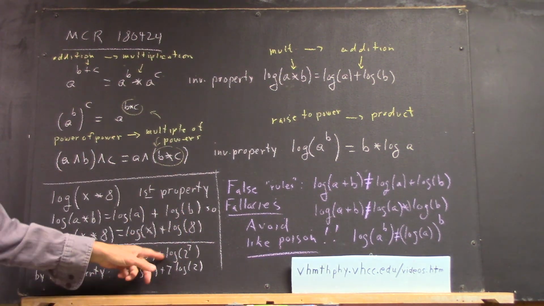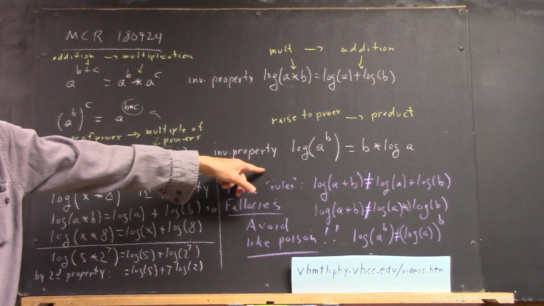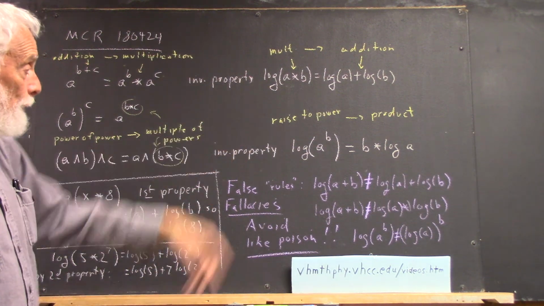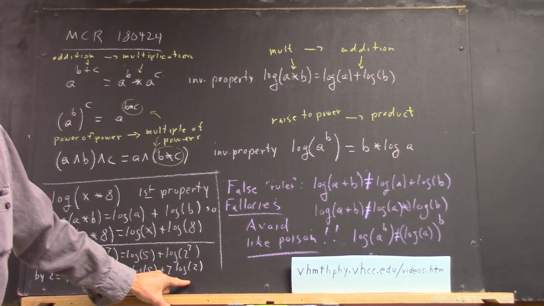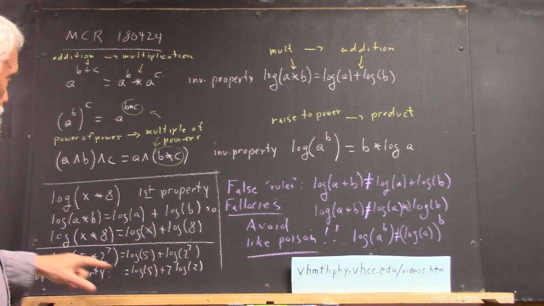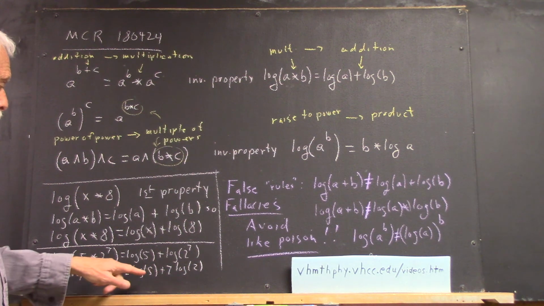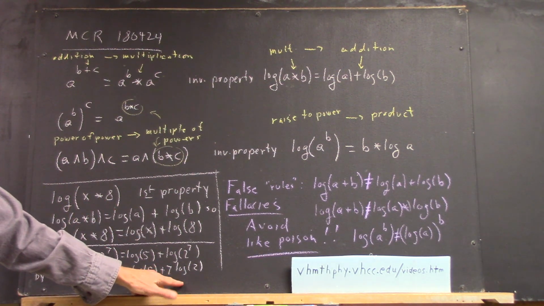But now we've got the log of 2 to the 7th, and we can apply the second property to that. So the log of 2 to the 7th by this property is 7 times the log of 2. Okay? So the log of 5 times 2 to the 7th simplifies to, or expands if you wish, to log of 5 plus 7 times the log of 2.